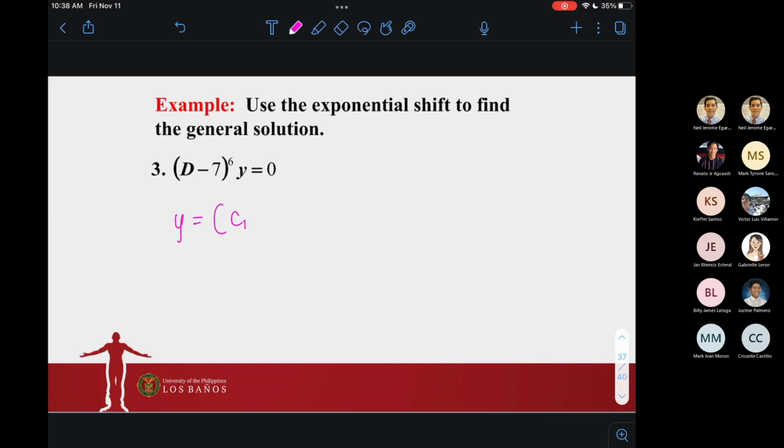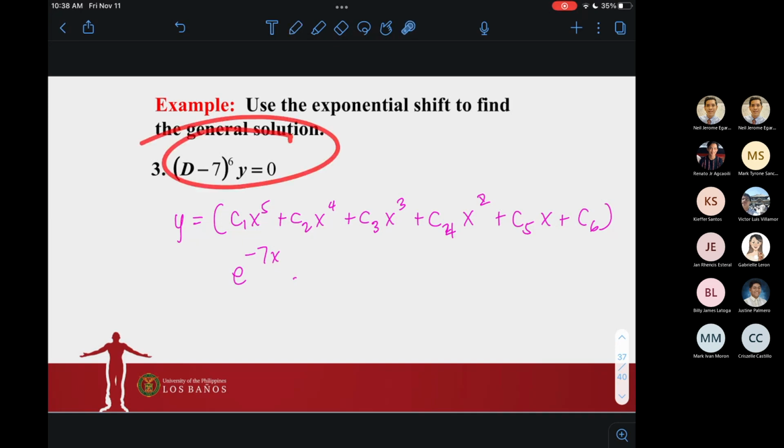So it's c1 x to the fifth plus c2 x to the fourth plus c3 x cubed plus c4 x squared plus c5 x plus c6 times e to the negative 7x, right? Kasi kailangan i-multiply ko both sides by e to the negative 7x.